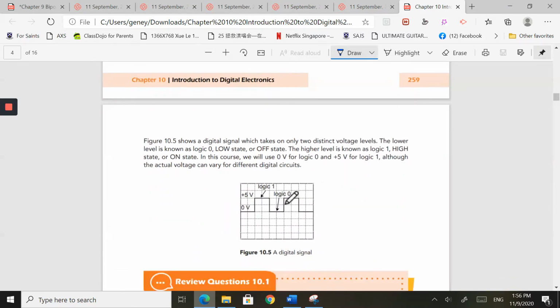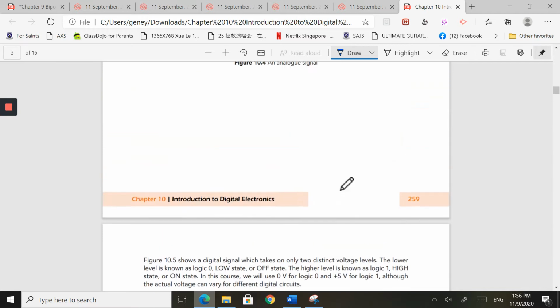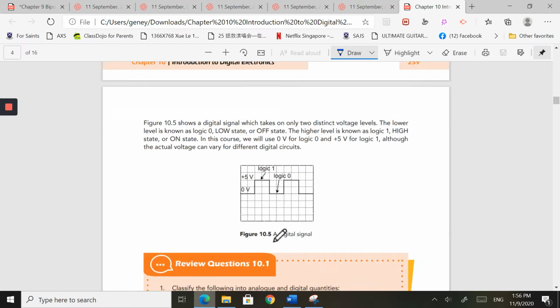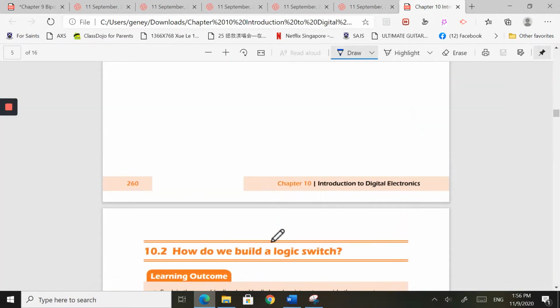But a digital signal is only zeros and ones. Okay, 0 volts, 5 volts. Logic 0, logic 1. So that is the difference between analog and digital. Analog, wide range of values, can be anything. Digital, you're only working with two, zeros and ones. Alright, so that's all you need to know.